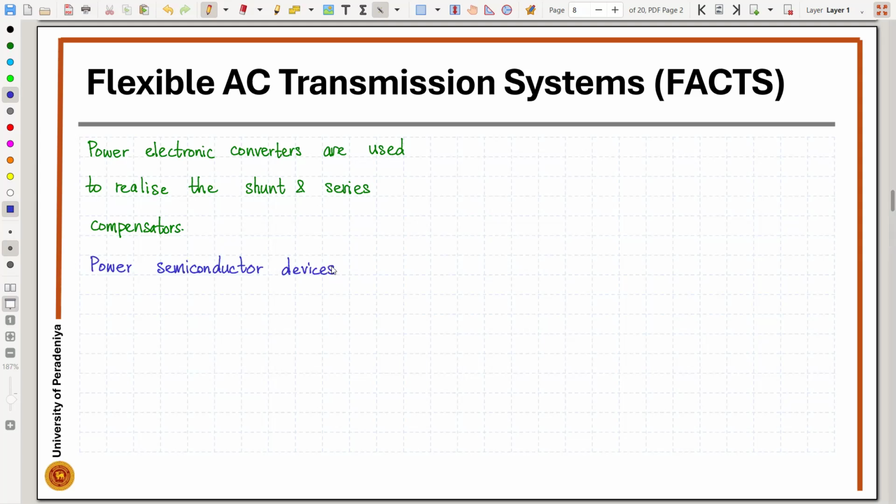Can you name some of the power semiconductor devices that we are using in power electronic converters? IGBT, okay. Thyristors. Thank you. Any other answers? MOSFETs.